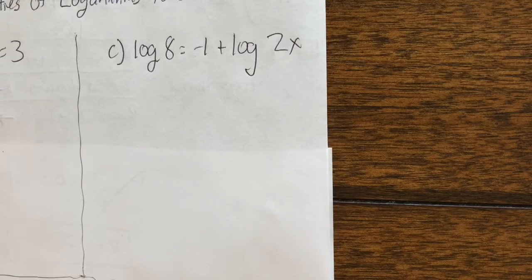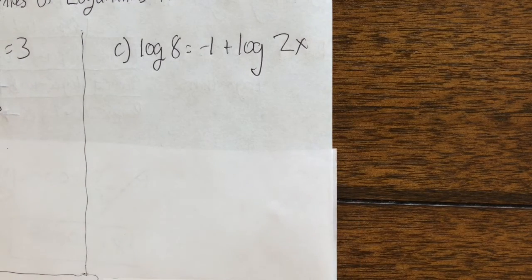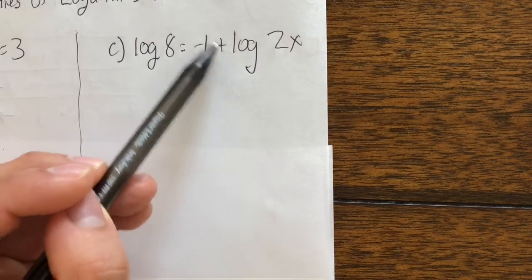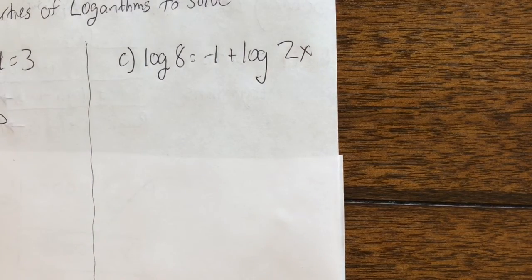Now part C, we have a log on one side and a log on the other side. Unfortunately, the equality property won't be applicable for this one because we have a -1 in the way. So what we want to do is bring every log to one side and leave the -1 by itself.